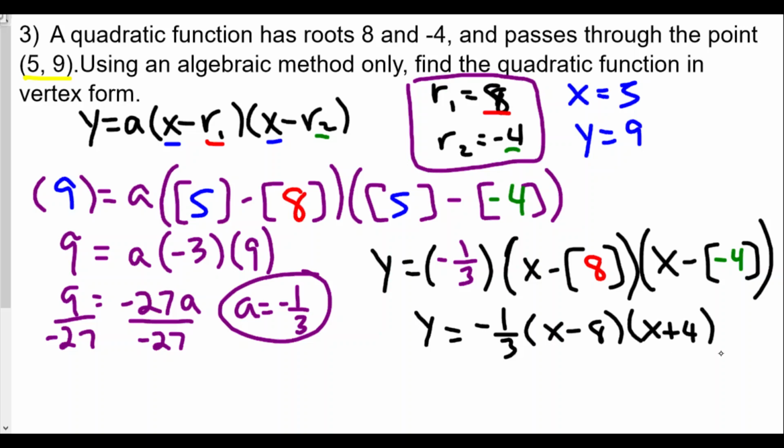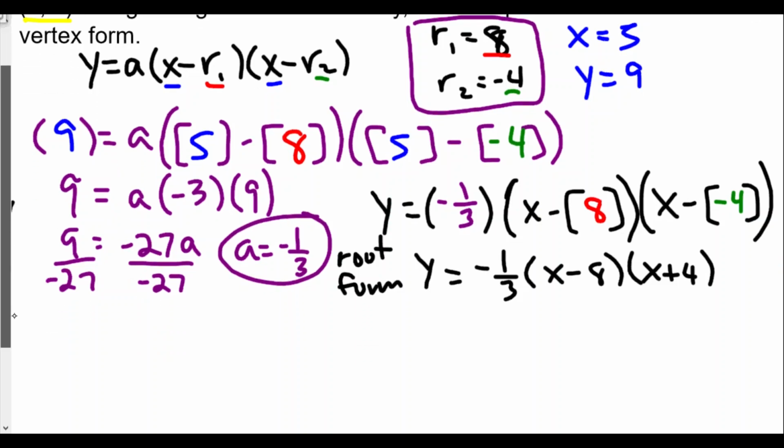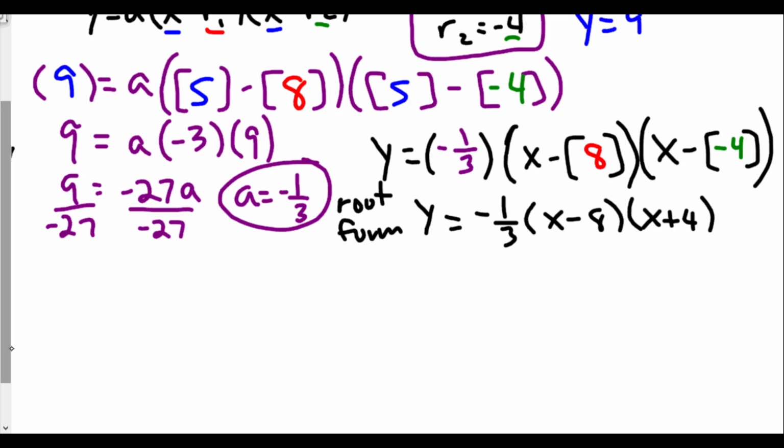However, we're asked to find this in vertex form. So I'll put this down here. This is the root form. Okay, and now let's do it algebraically. To find the vertex form, we're actually going to find the standard form next. So to do that, I'm going to distribute.